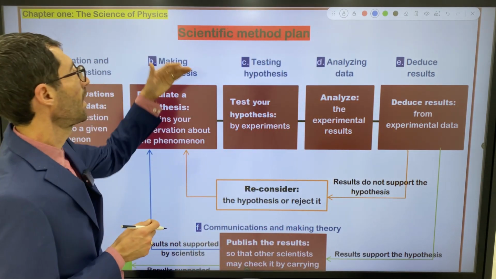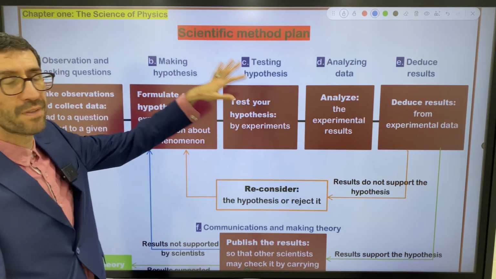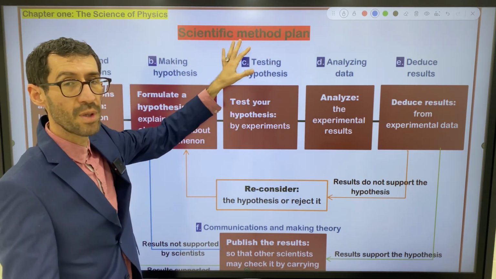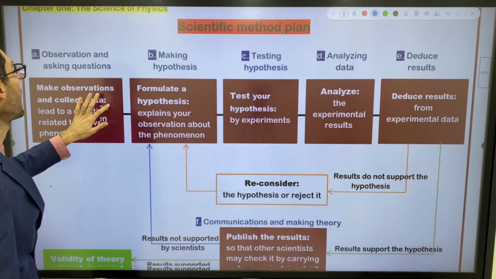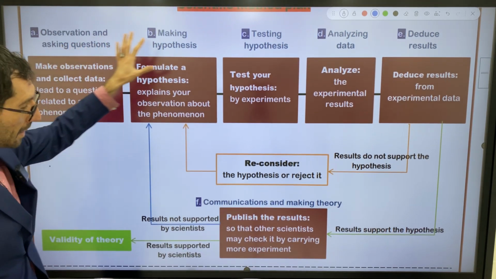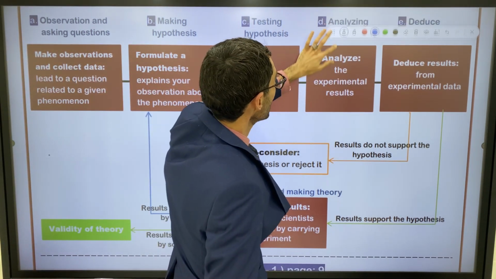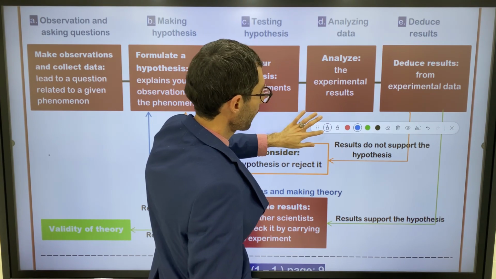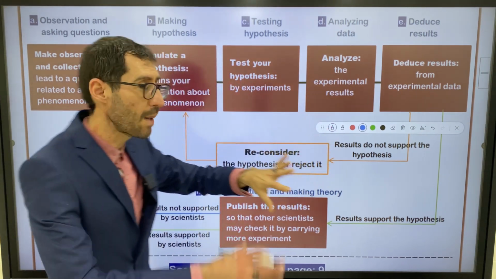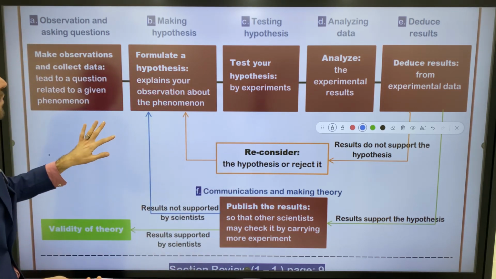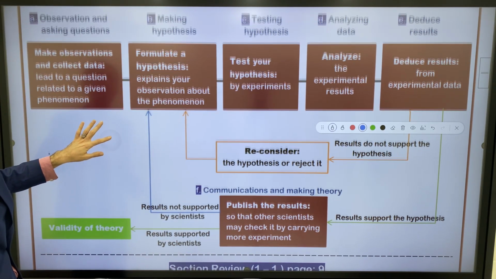Let's move on to the scientific method. We have a scientific method plan. I can say this graph summarizes all the steps of the scientific method. It summarizes the whole topic for us. Let me explain.